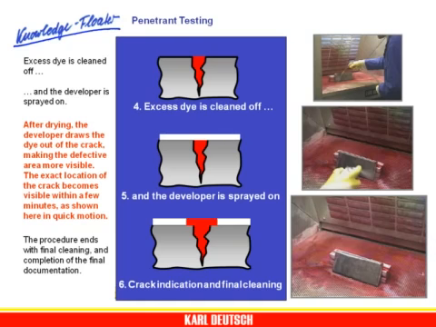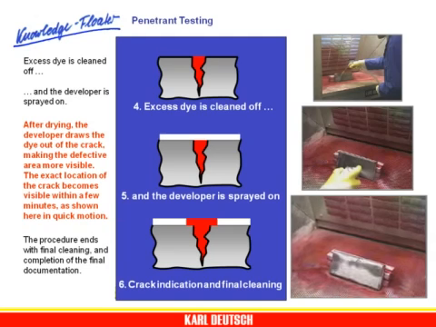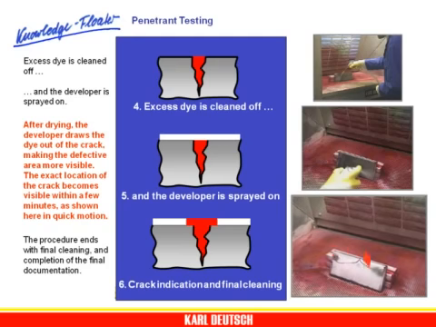The exact location of the crack becomes visible within a few minutes, as shown here in quick motion. The procedure ends with final cleaning and completion of the final documentation.